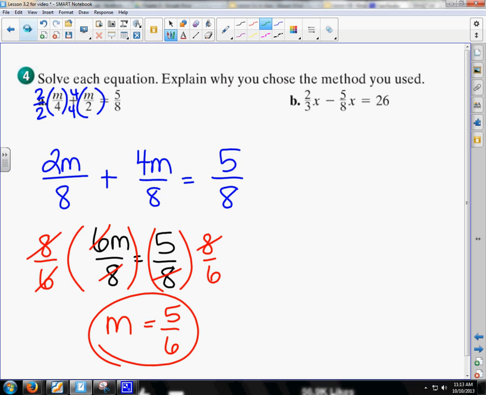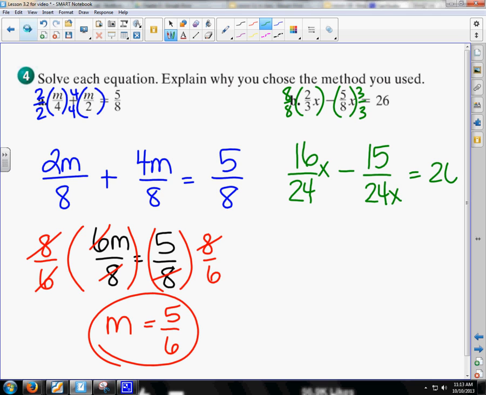Okay, so I have 2/3 and 5/8. So my common denominator is going to be 24. So I'm going to multiply 8 times 2 and get 16 over 24x minus 15 over 24x equals 26. 16x minus 15x is 1x over 24 equals 26.